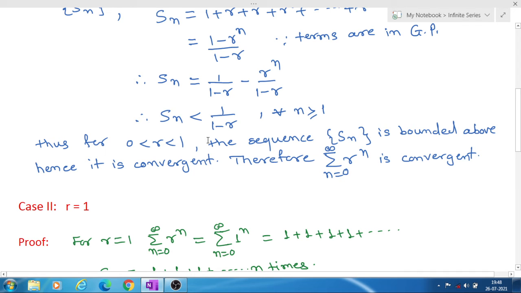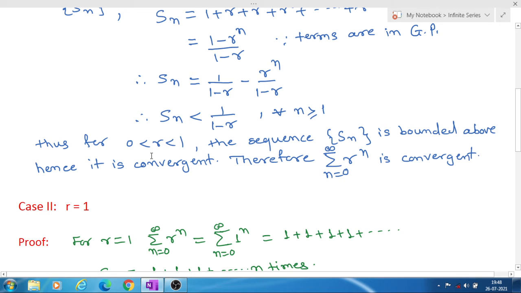Therefore this Sn is less than 1 upon 1 minus r, because it is 1 upon 1 minus r minus some quantity. So this is less than 1 upon 1 minus r for n greater than or equal to 1, because when n is equal to 0, the first term is 1. So this Sn is less than 1 upon 1 minus r.